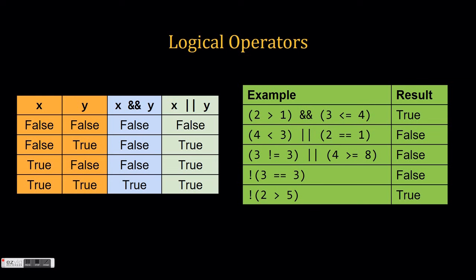But just a trick here with the AND and the OR: if you're ANDing variables and one of them is false, then we know that the overall expression evaluates to false. And if you're ORing two variables and one of them is true, then we know that the overall expression evaluates to true.